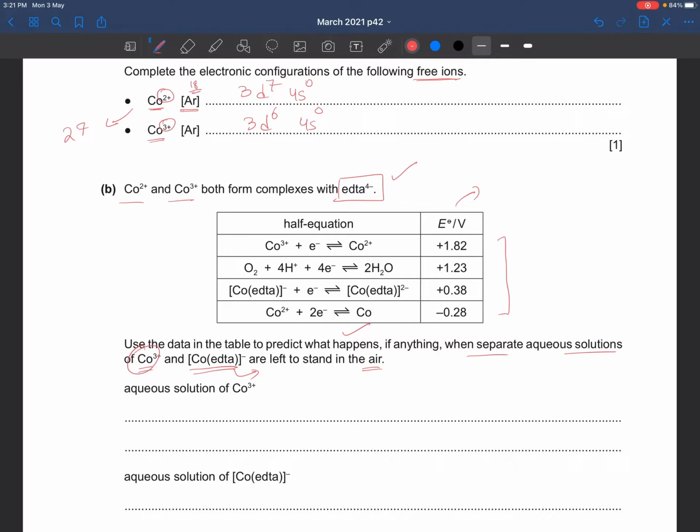So when we leave this cobalt +3 in air, we have this equation for cobalt +3. If we simply let cobalt +3 stand in air, it will react with the oxygen present in air, depending on the E0 values. So based on their E0 values, we have to decide whether the reaction would occur or not. As you can see, the E0 value for cobalt +3 is 1.82, and the E0 value for oxygen gaining electrons to form water is +1.23.